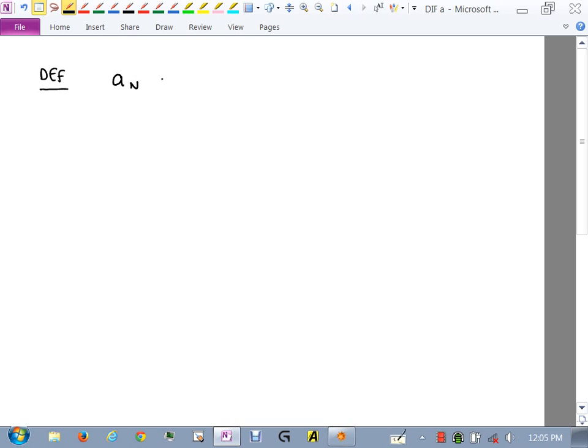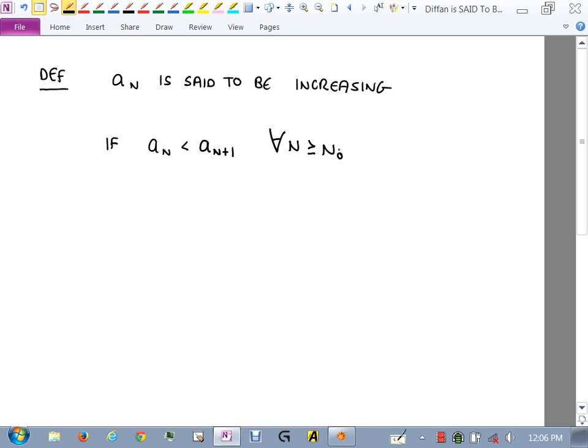A sub n is said to be increasing if a sub n is less than a sub n plus 1 for all n greater than or equal to n naught. You know what? Let's just put all n for now. Upside down capital A means for all. For all n.